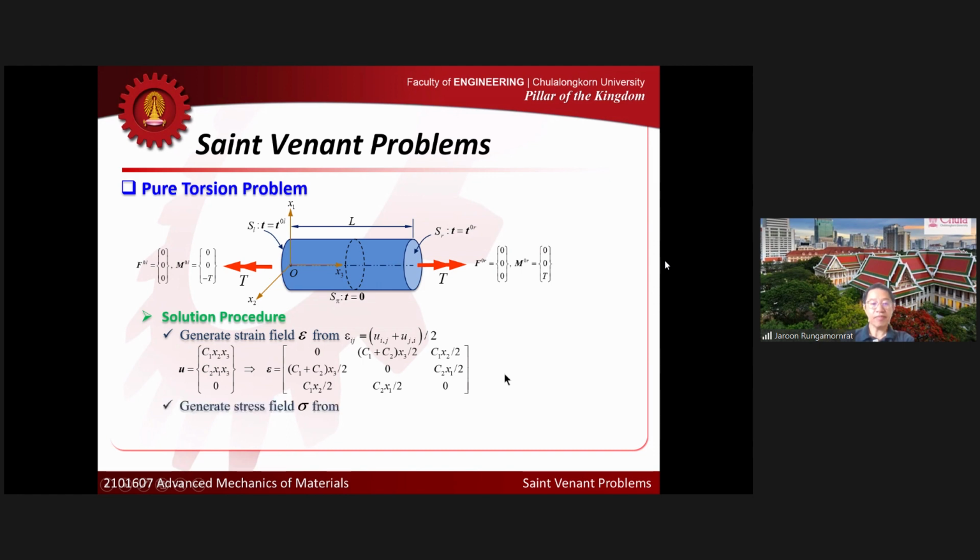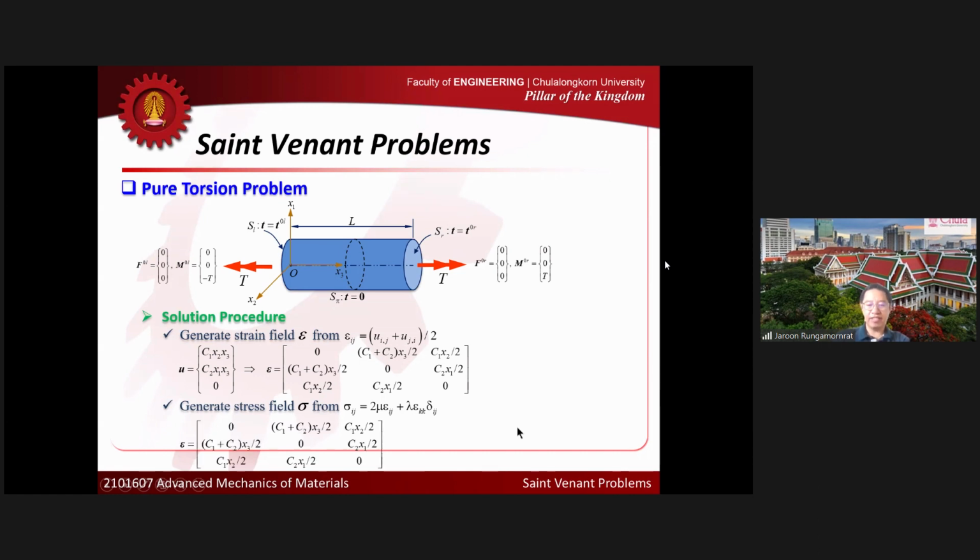Okay, so once I get the strain field, I can plug it into the strain relationship, right? So I have all the components of the strain tensor. Now I can get the stress components easily by simply plugging all the components into this constitutive law, right?